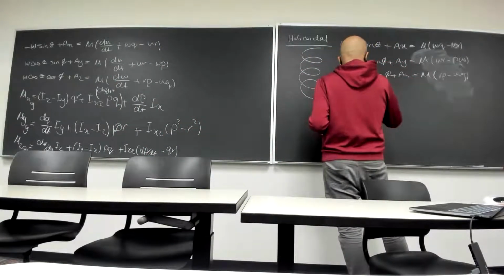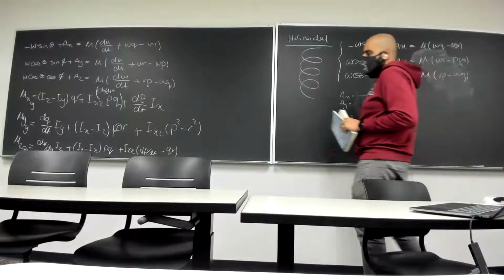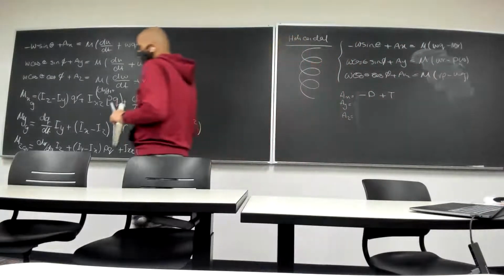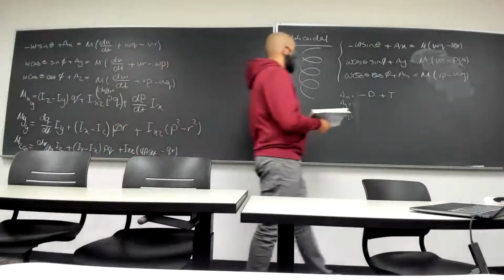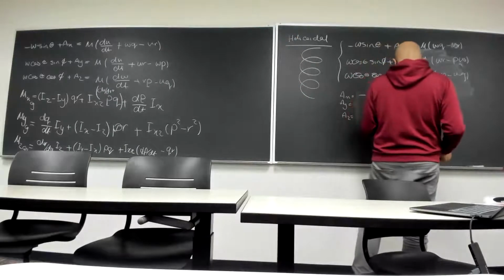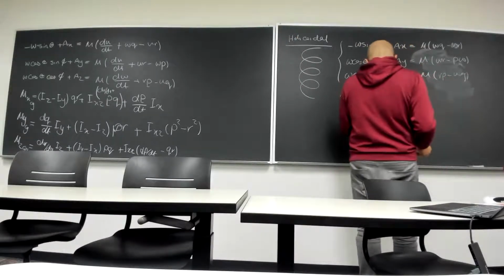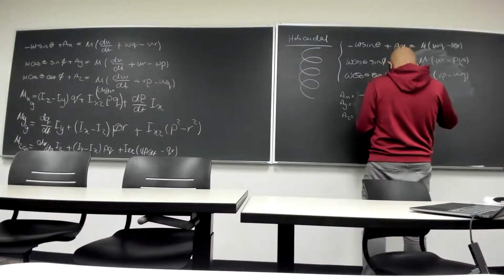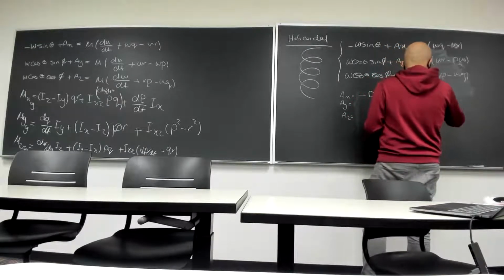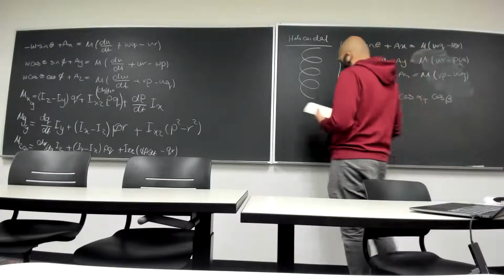So we're going to get negative D plus a component of thrust in the X direction, because we have talked about the thrust vectors and all of these things we have seen before. Cosine of beta.